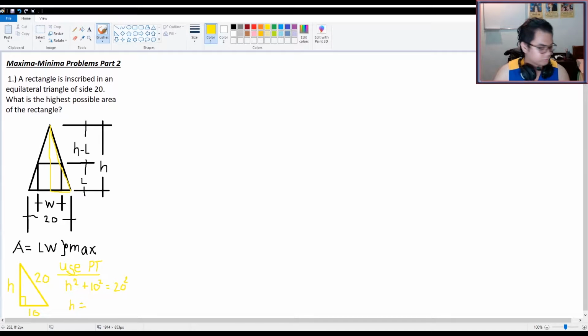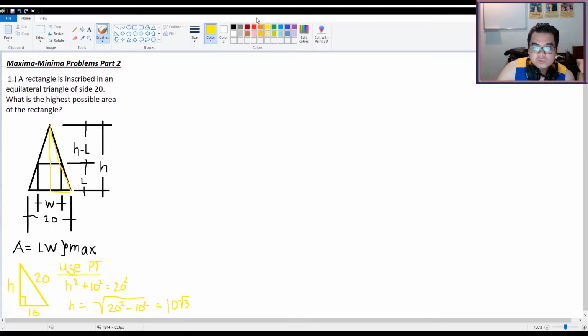That's about 17.32. Written exactly, the square root of 20 squared minus 10 squared is 10 square root of 3. So that is your height: 10 square root of 3.